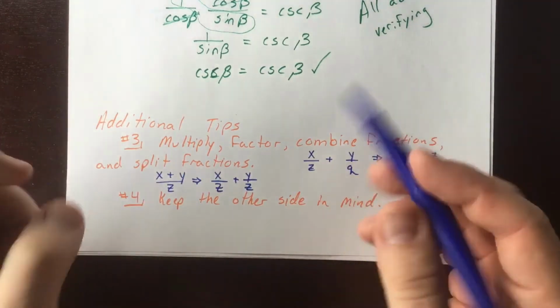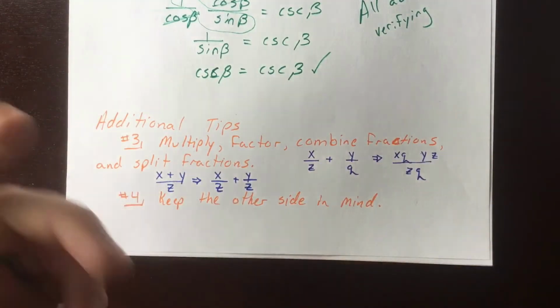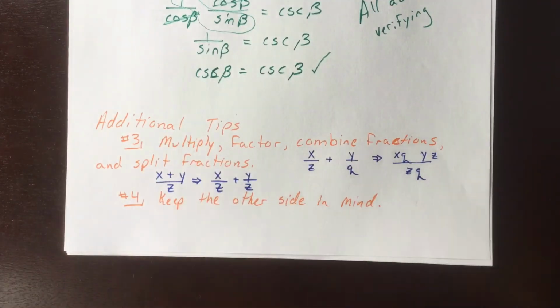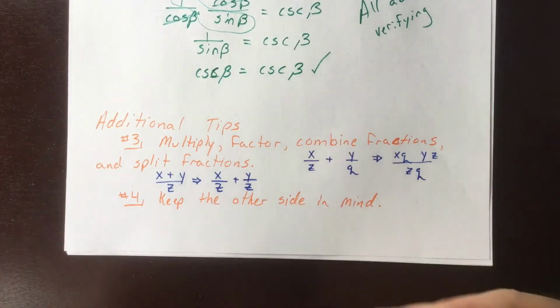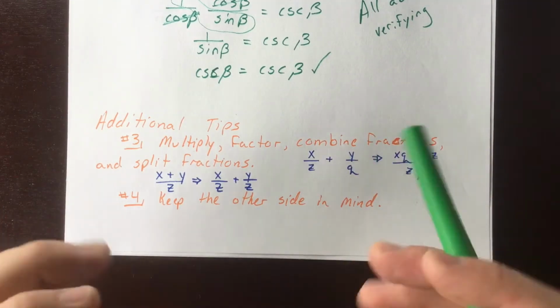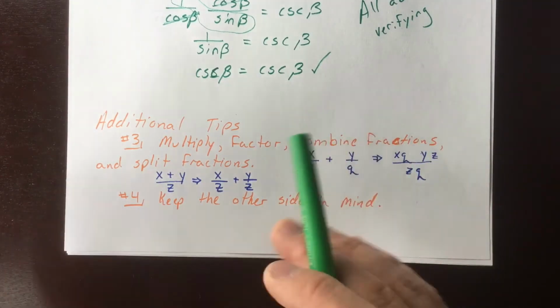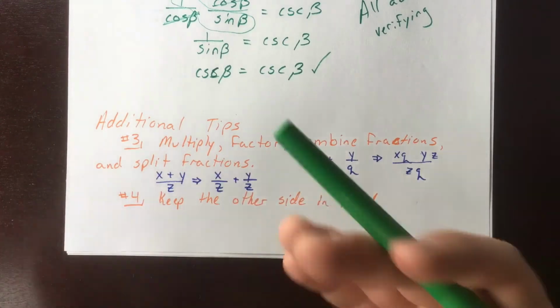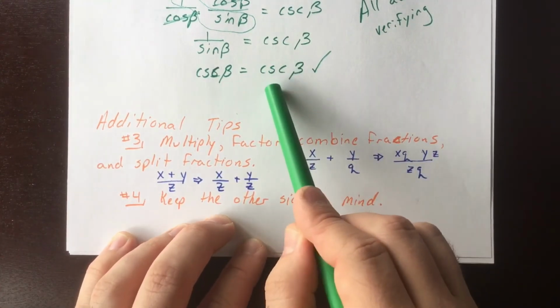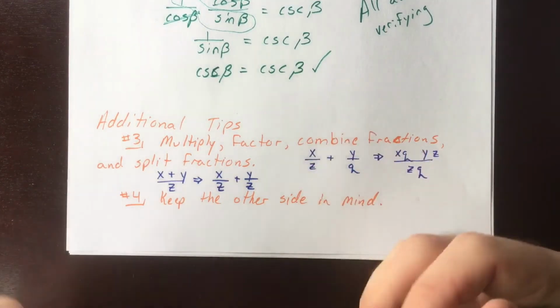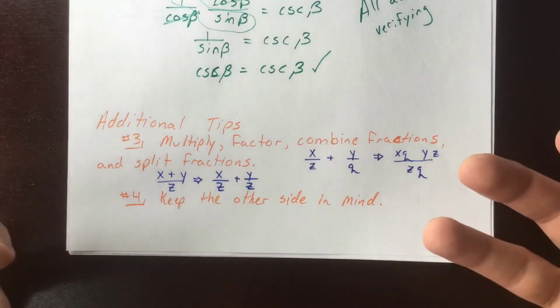We're going to use these techniques to help us in verifying or simplifying. So hot tip number 4: keep the other side in mind. Whenever you're going through this whole process, sometimes it is not clear what steps you're going to take, but you want to keep your end goal in mind. You want to understand where you want to end with your verification or proving process.